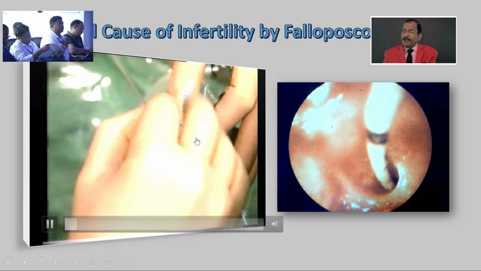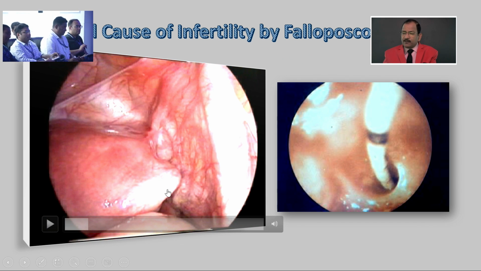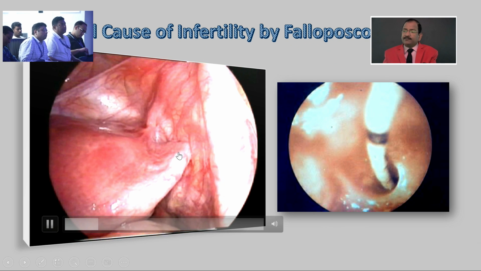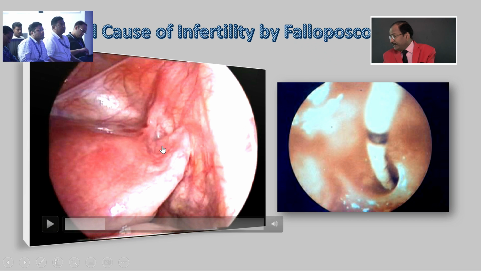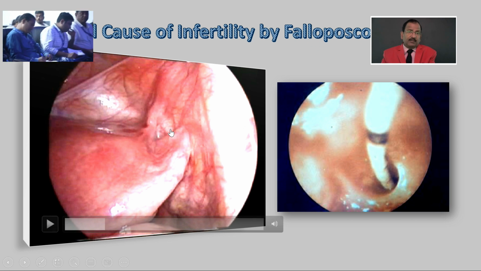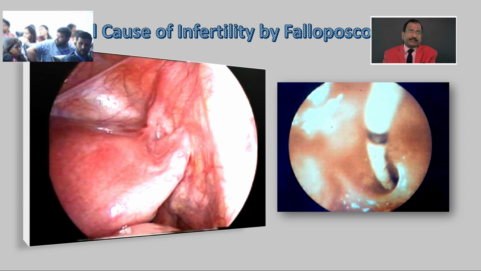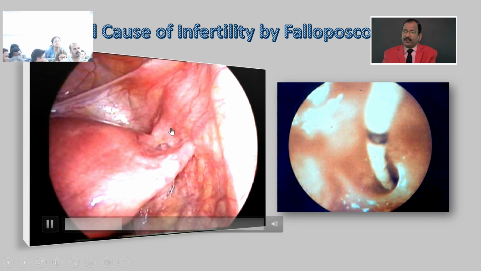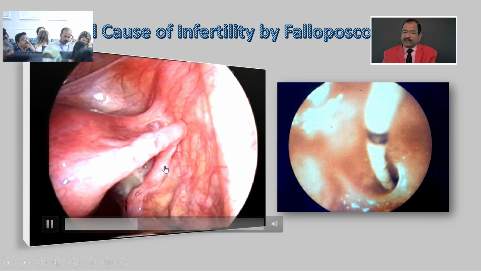So here the guide wire is going, and by laparoscope you will put this guide wire under vision. The guide wire has 2 ends, one soft end and another hard end. Always the soft end has to be introduced. Never ever accidentally put the hard end. This is the soft end of the guide wire and it is introduced.